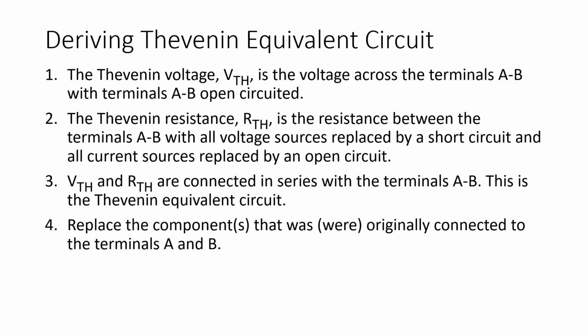But it gives us a way to reduce a complex circuit step by step by taking a group of components and replacing them with a single voltage source and a single resistance.